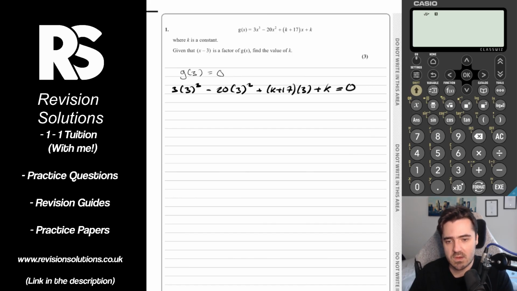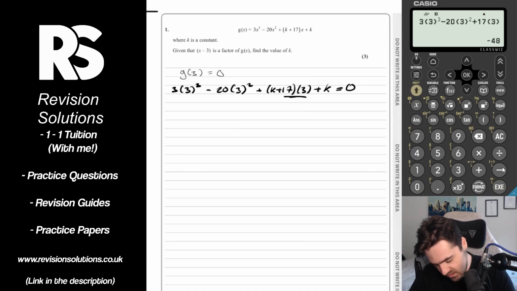If we simplify that up, let's add up all the constant terms. So 3 lots of 3 cubed minus 20 lots of 3 squared, plus 17 lots of 3. That comes out as minus 48.